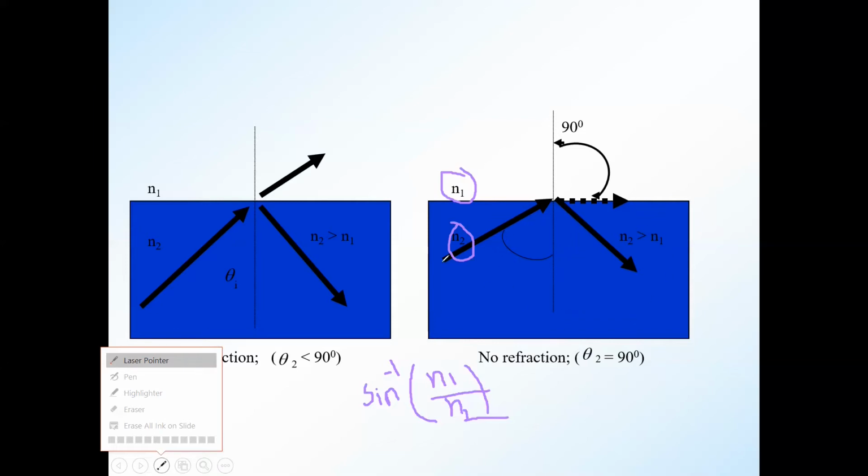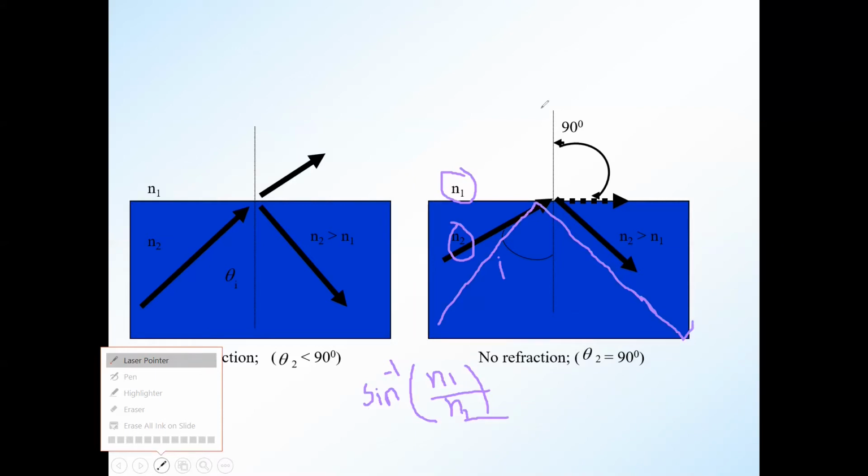It can be used only when the angle of incidence is greater than the critical value, for which your angle of refraction is 90 degrees. Then it will experience total internal reflection and travel through the medium.